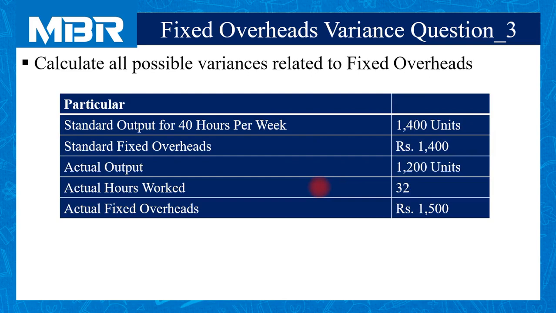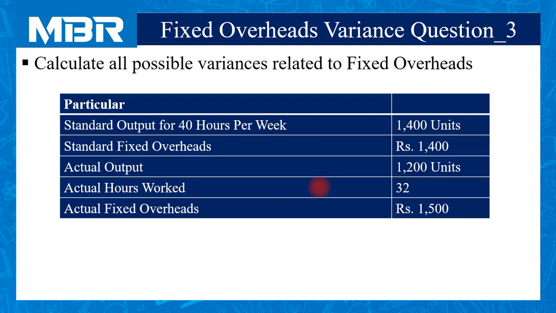Here it is written that we need to calculate all possible variances, and calculation of variances is based on the information provided by the examiner. We have information of standard output for 40 hours per week, 1400 units. It means the company is able to manufacture 1400 units if it is running for 40 hours in a week.